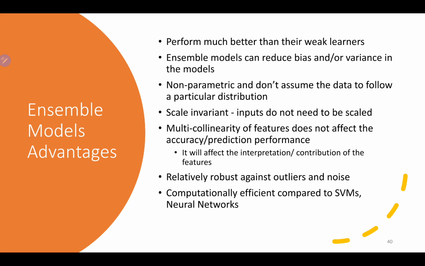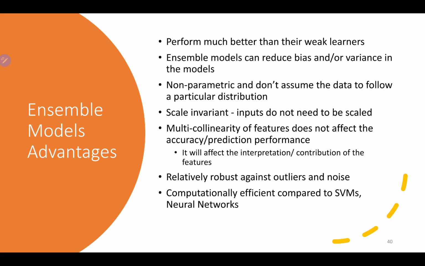This mainly stems from the fact that the ensemble models are generally tree-based models. So in general, decision trees are used as their components. So that's why basically the same ideas apply here as well. That applies for the decision tree. So they don't assume any distribution and they're non-parametric. Then they're scale invariant as well, again, something from decision trees.